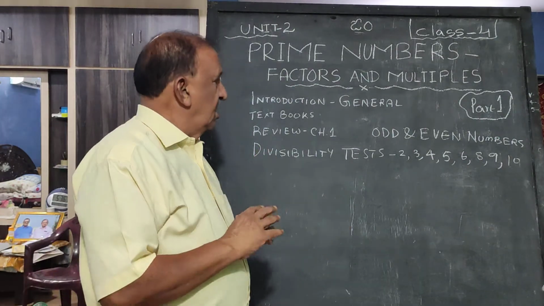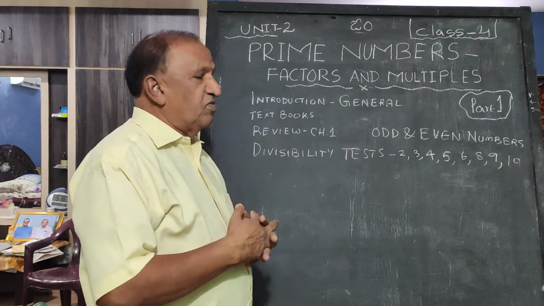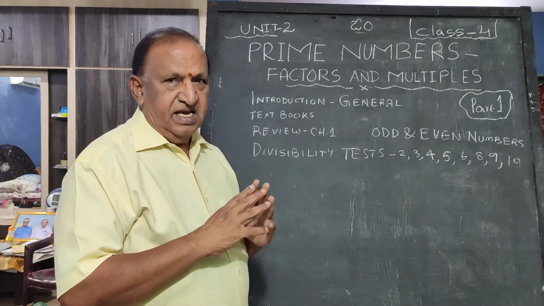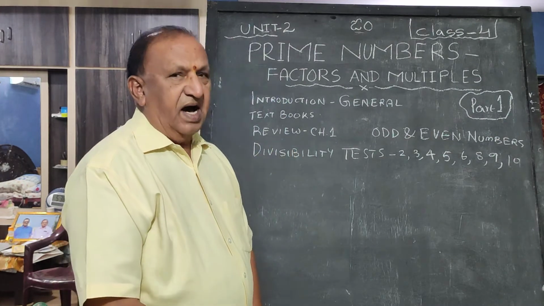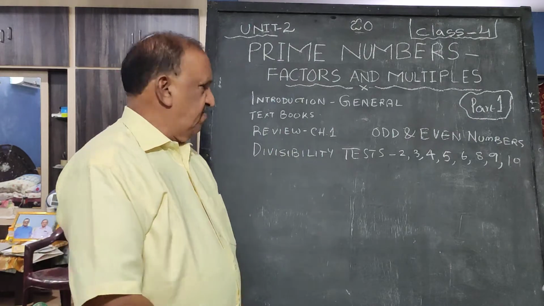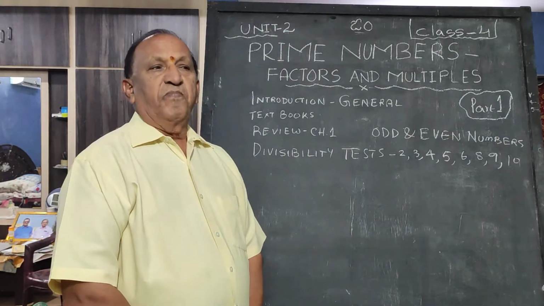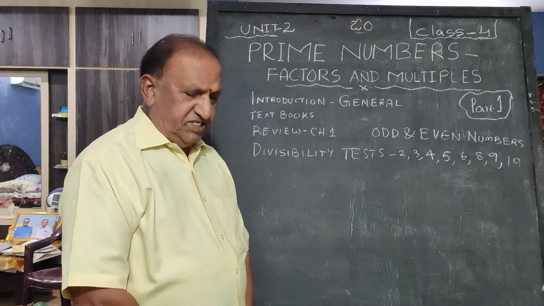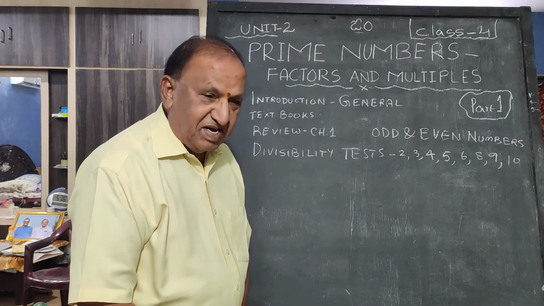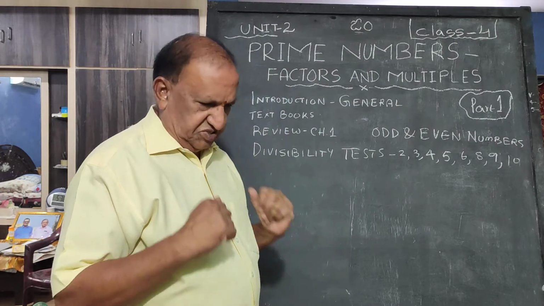For the present, we will talk about the first 10 digits, 0, 1, 2, 3, 4, 5, 6, 7, 8, 9. Now, in these digits, there are what are called even numbers and odd numbers.